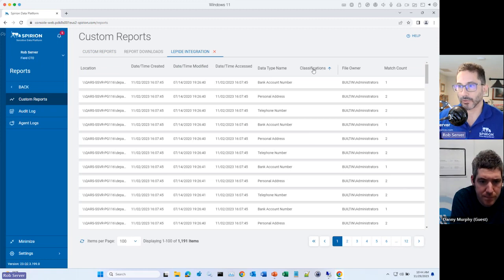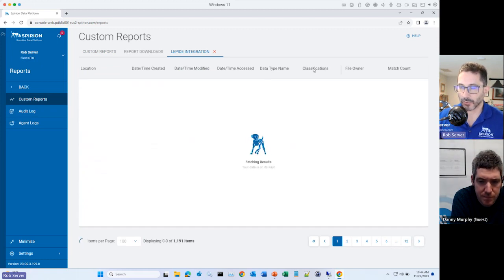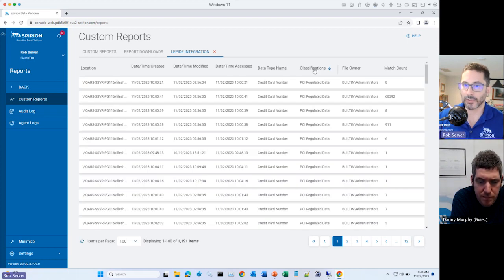So let me go ahead and sort this to show that the classifications occur. There we go. So in this case, we have a file share location. Lepide needs the information of that folder path, the ACL information, the file metadata, and all gets ingested into Lepide so it can do its things.